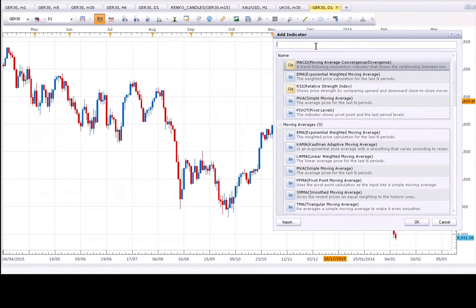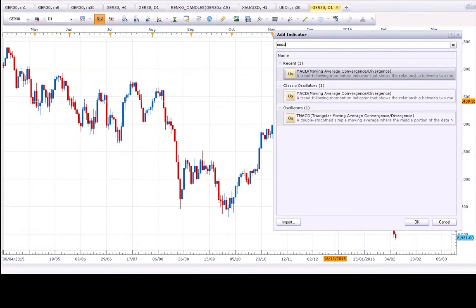In the search, you can type the 4 letters MACD, and you can then double click on this classic oscillator. The dialog box for this particular indicator says it's a trend following momentum indicator that shows the relationship between two moving averages of prices.